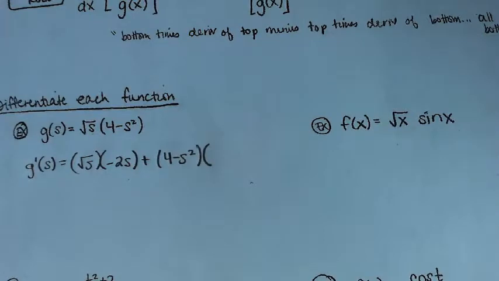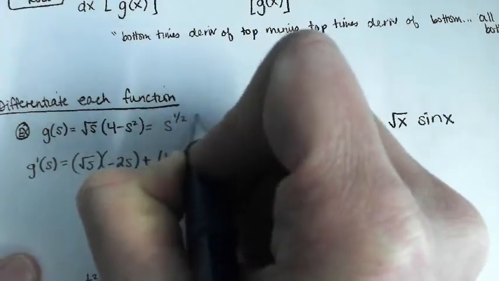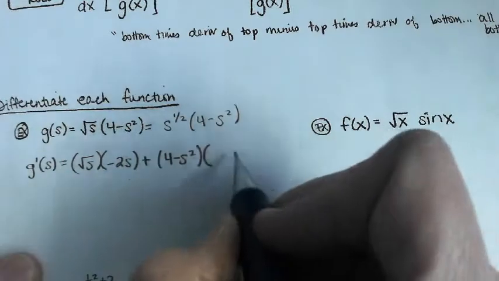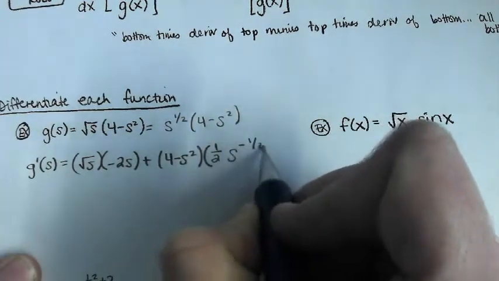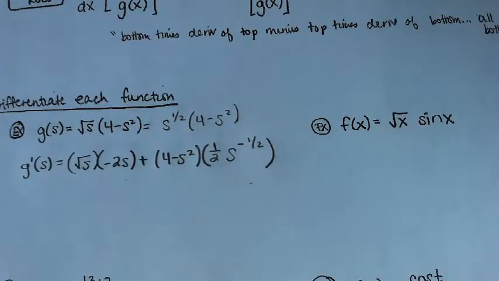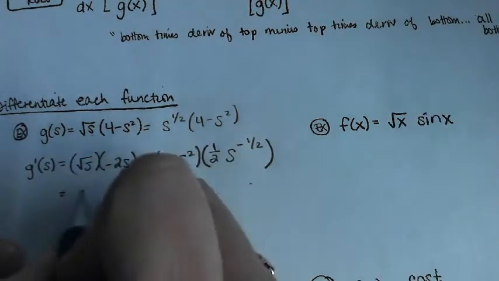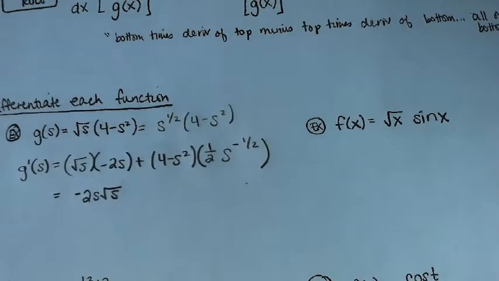Now that might be tricky. You may want to rewrite that as s to the 1/2 power. So the derivative of that would be 1/2 s to the negative 1/2. So this would be negative 2s root s. That's your first term.